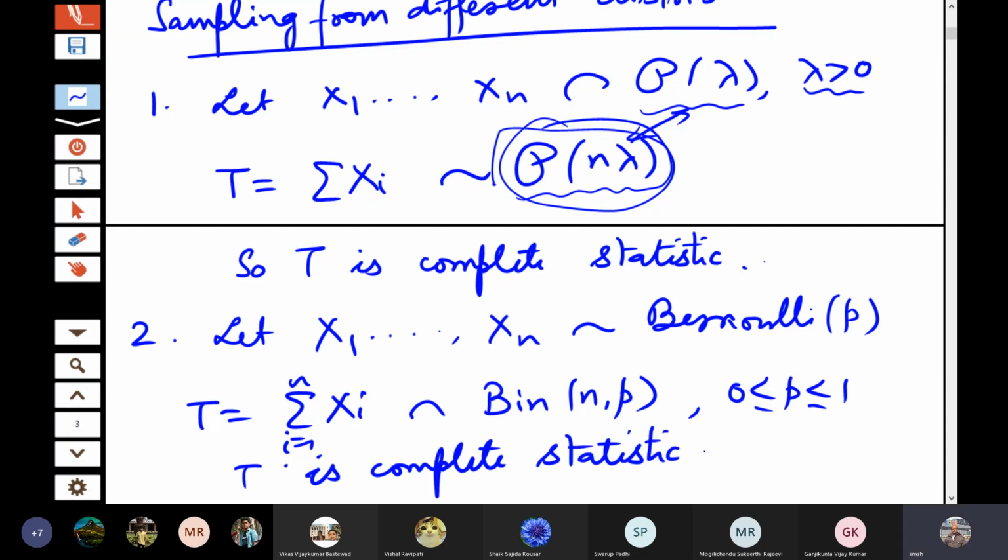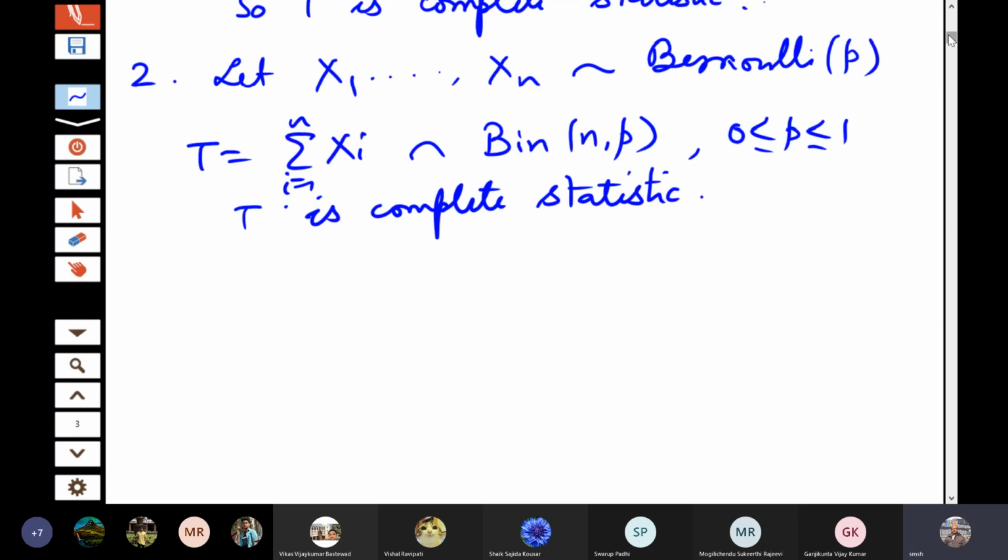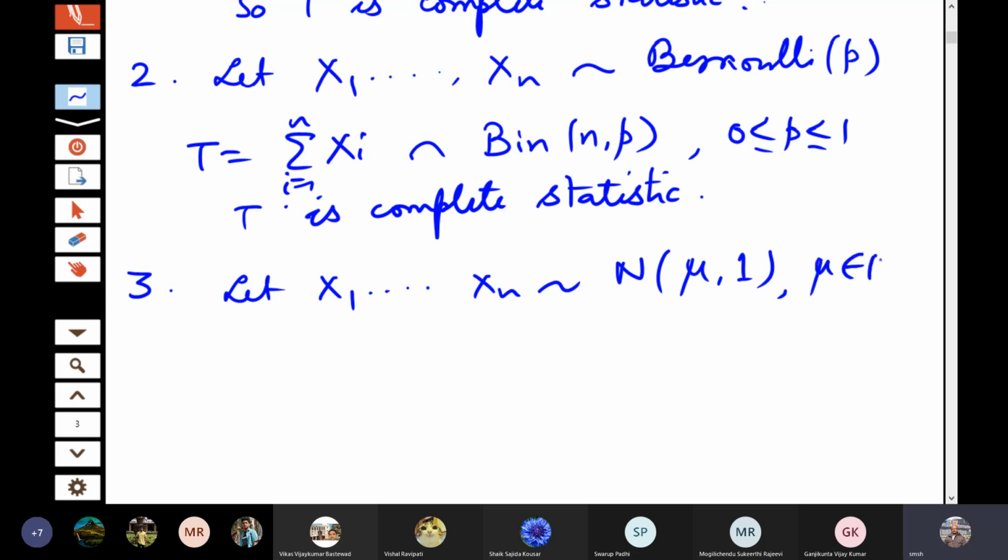So actually this combination of sufficiency and completeness will lead to some nice things, which I will come to after explaining these concepts. Similarly, let us consider x1, x2, ..., xn following normal(mu, 1), where mu is any real number. We have actually proved that this family of distributions is complete.